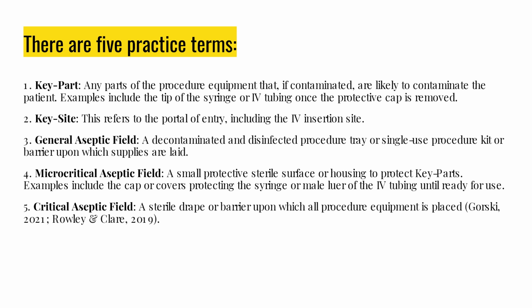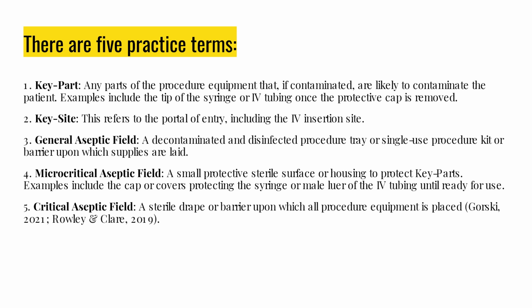A microcritical aseptic field is a small protective sterile surface or housing to protect those key parts. Examples include caps or covers protecting a syringe or the male luer of the IV tubing until ready for use. The critical aseptic field is the 5th term, and that is your sterile drape or barrier upon which all procedure equipment is placed.